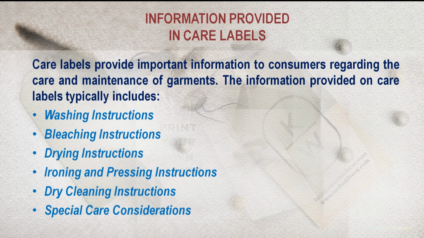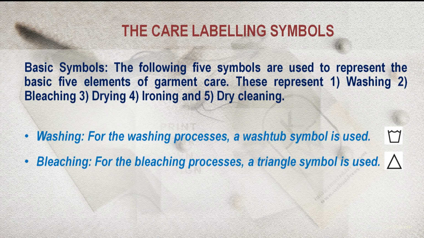Then ironing or pressing instructions: different fabrics need different temperatures, so according to the fabric there will be a label saying how much heat to use when ironing or pressing. Dry cleaning: whether we have to dry clean or hand wash, and what instructions to follow. Then special care considerations, if any special care is needed for that garment, are also mentioned on the garment labels.